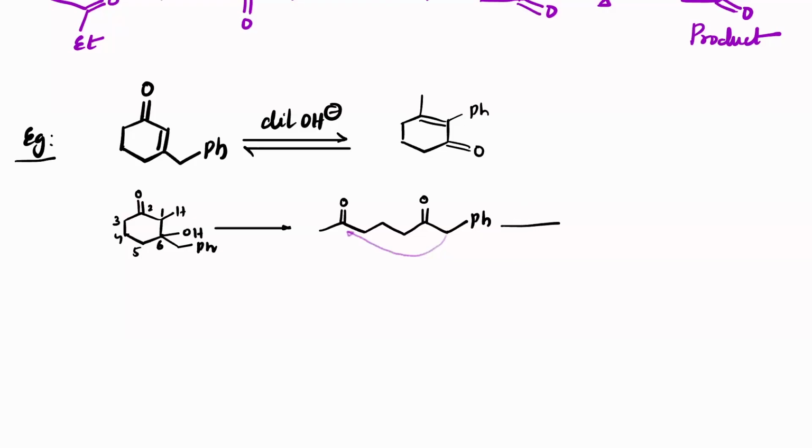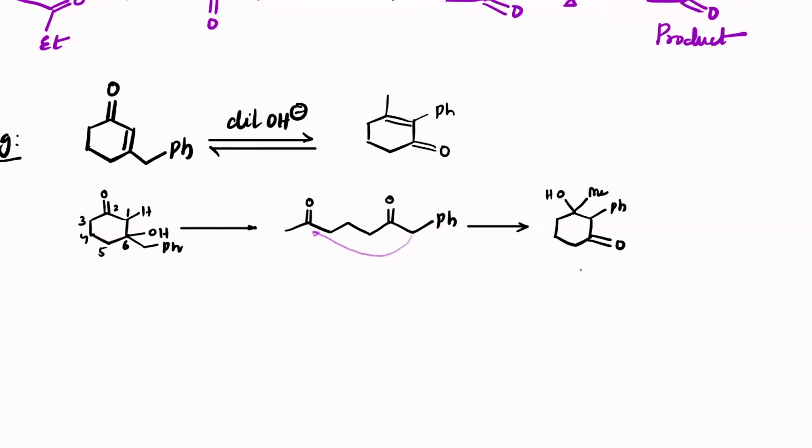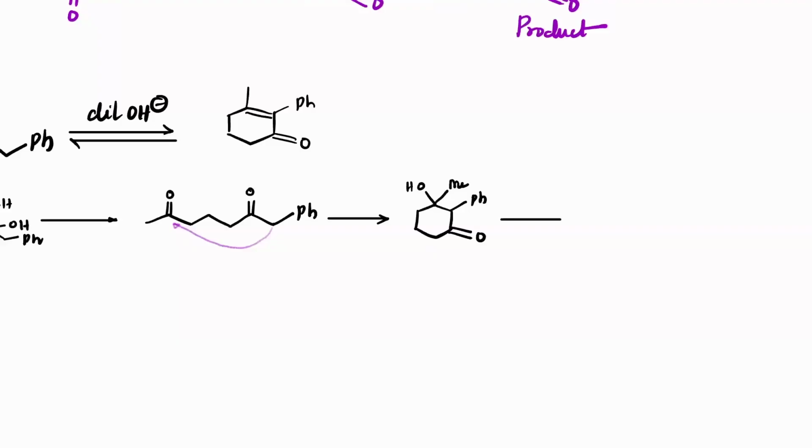As it happens, again you'll get a 6-member ring, and here we'll have an OH and methyl, and from the connecting carbon that has a Ph on it and double bond O here, and that on heating will convert into a double bond here, phenyl here, methyl here, and then double bond O here.